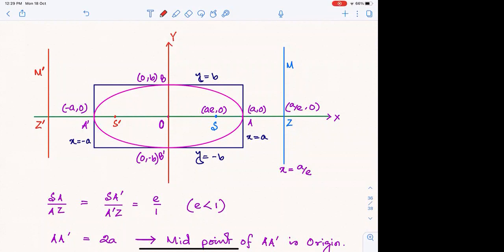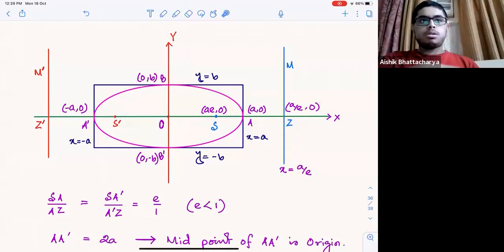So we can think of the ellipse with two sets of corresponding focus and directrix. We cannot say two foci S and S dash and two directrices along ZM and Z dash M dash, because if you consider the focus S and the directrix Z dash M dash, it would have been some other ellipse.